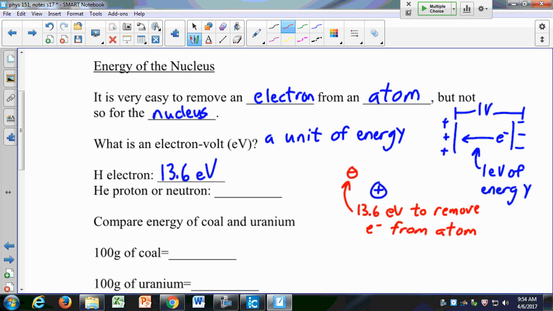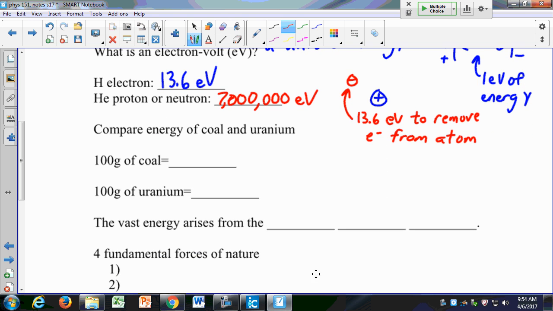A helium atom has 2 protons. If I want to take one of those away and make helium into hydrogen, then I require a much bigger energy, 7 mega electron volts. So that's 7 million electron volts. So there's a big difference in the amount of energy required to remove an electron and the amount of energy required to remove a proton or a neutron. And that's really the main point of that. I want you to know what the eV is, but also we're going to be using it as a form of energy.